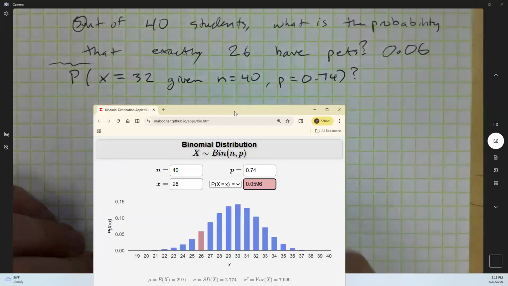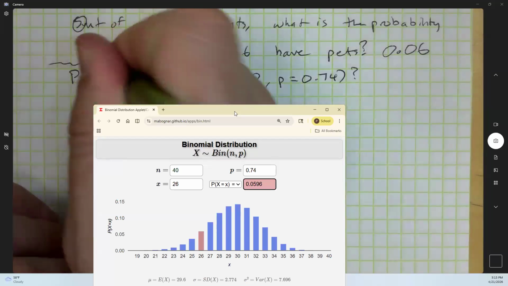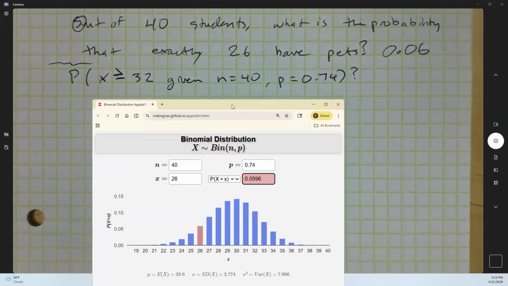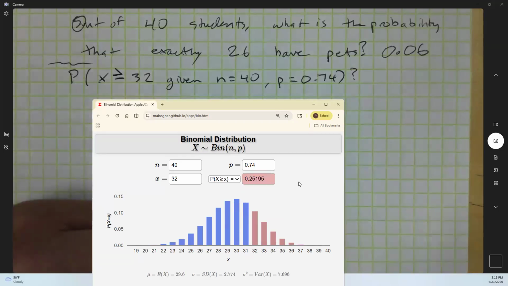Let's not do equal, let's do greater than or equal. Because I don't want to just keep teaching you the same thing over and over again. It's very simple to do that using this app. We change our number to 32, and we change our shading to greater than or equal. There it is, about 25%.